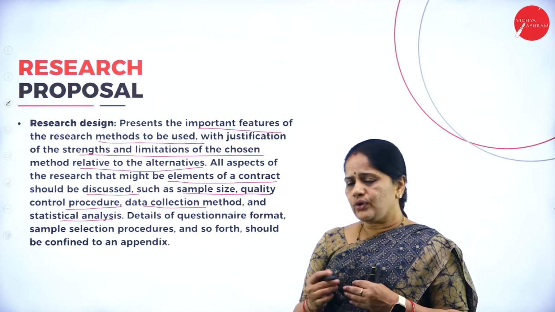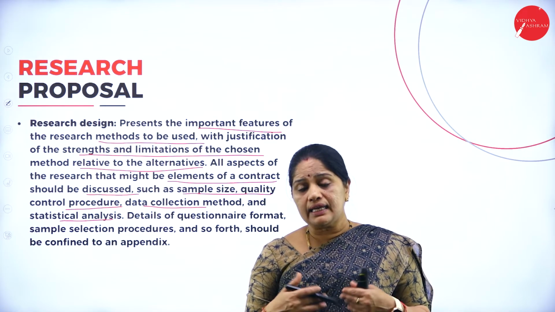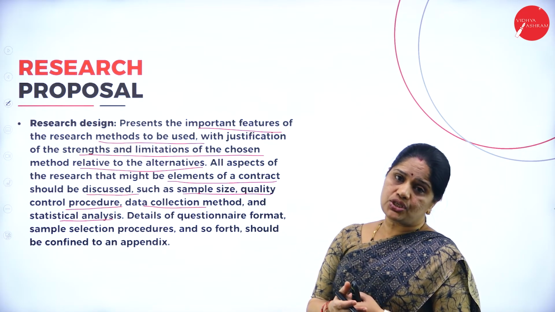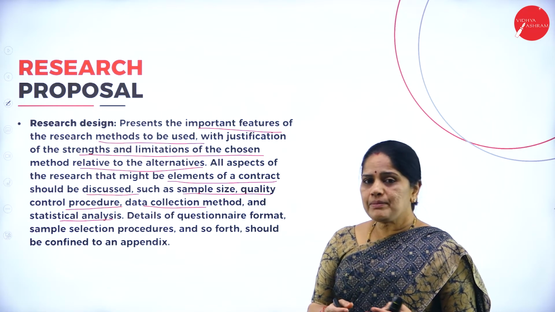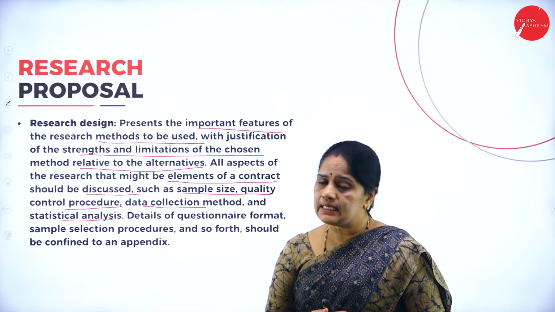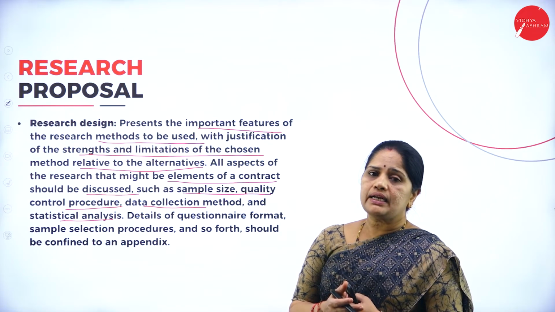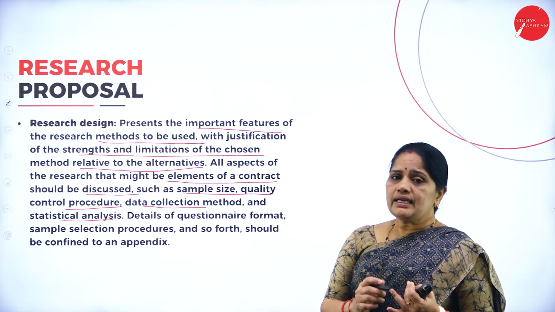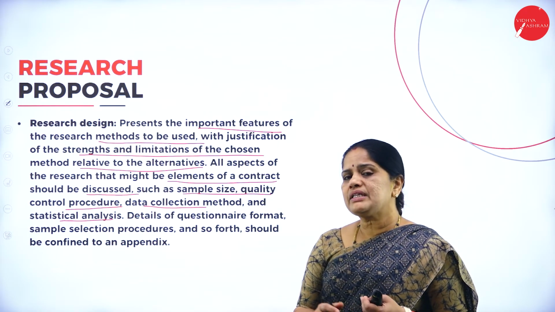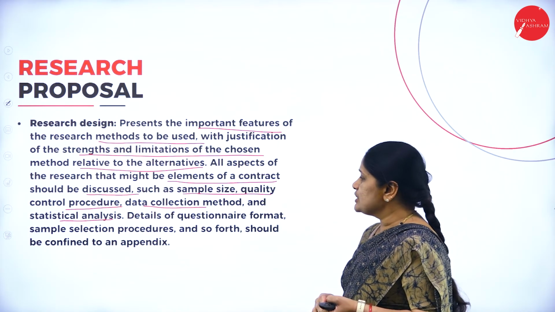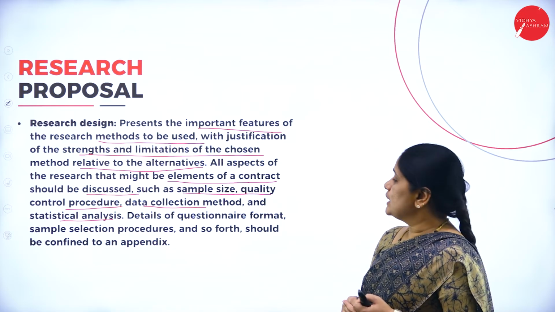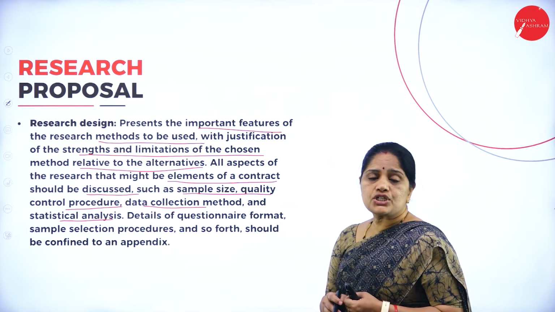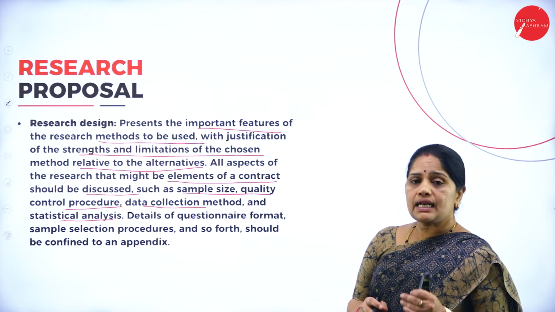When you are going into the collection of data, there will be two or three methods: the primary data and the secondary data. If it is primary data, how do you go about collecting it? If you are using the sampling method, what is the best sample size? Then the quality control procedures, data collection method, and statistical analysis.